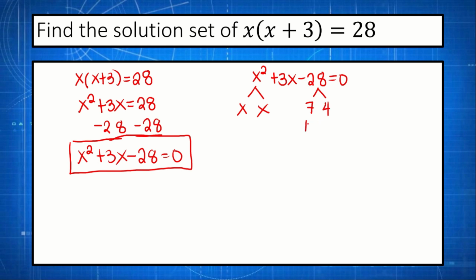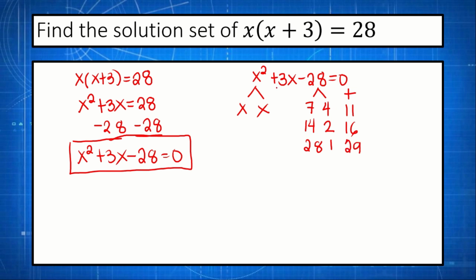I also have 14 multiplied to 2 and 28 multiplied to 1. Then we are going to add the factors. Okay, so 7 plus 4 is 11, 14 plus 2 is 16, and 28 plus 1 is 29.